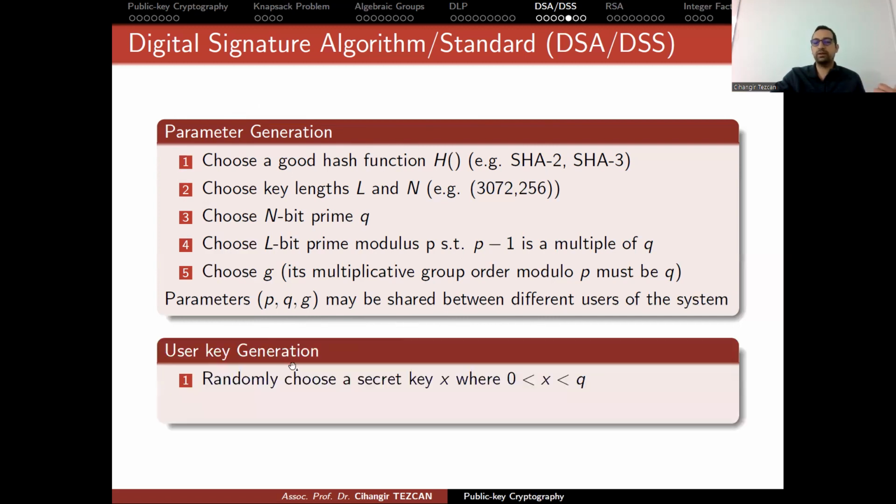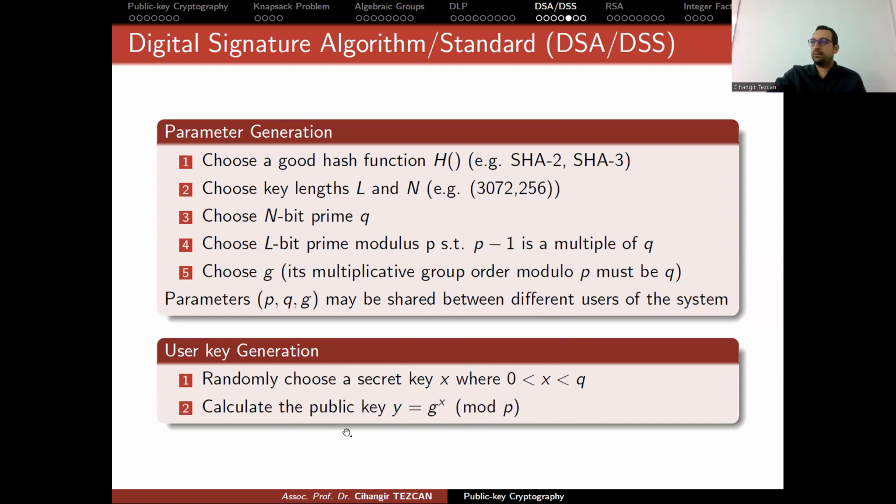Now, for the user, you have to generate your own secret key. What you do is as follows: randomly choose a secret key X, where X is between 0 and Q. Recall that Q is an n-bit prime, and here it is 256, for example. This is why your secret key is 256-bit if you choose these parameters, but your group size P will be 3072 bits due to sub-exponential time algorithms for the discrete logarithm problem.